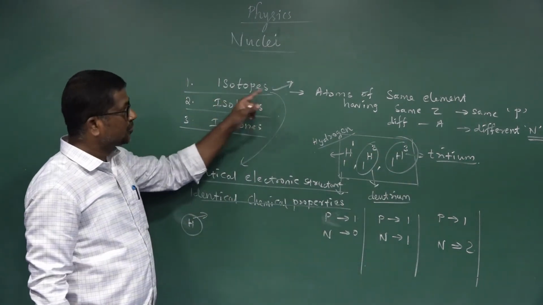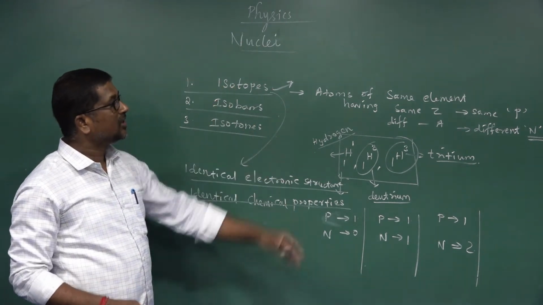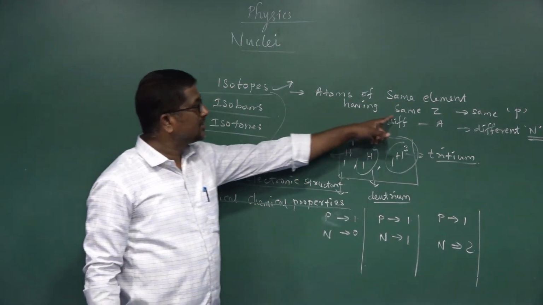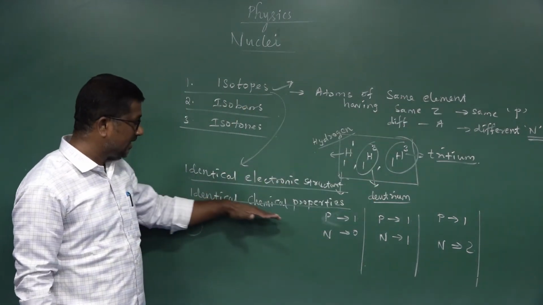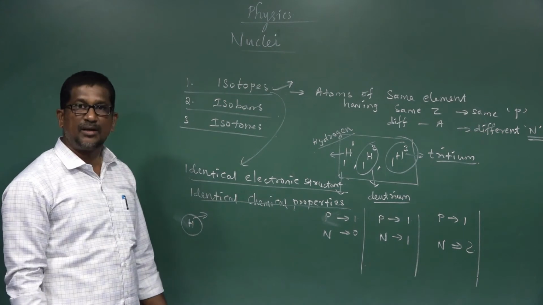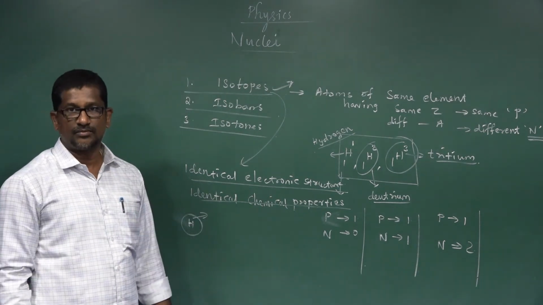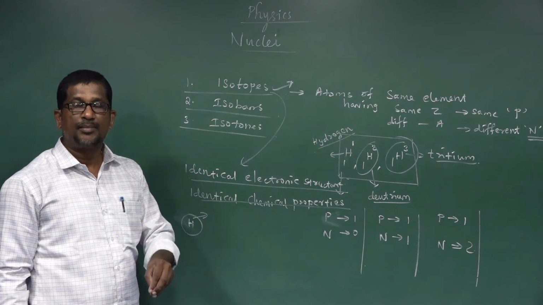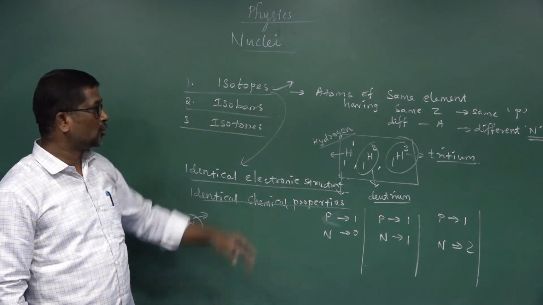So isotopes are the atoms of the same element having the same atomic number but a different mass number. Being the same element, they have identical electronic structure as well as identical chemical properties. They are located in the periodic table in the same location. So this is about isotopes.